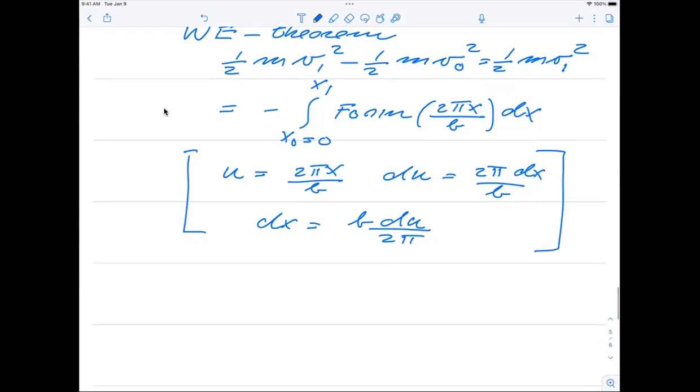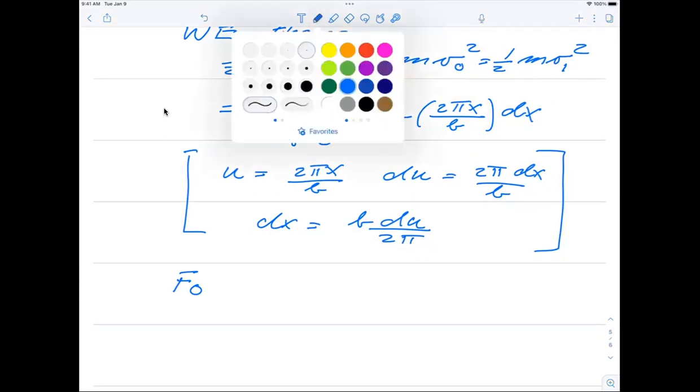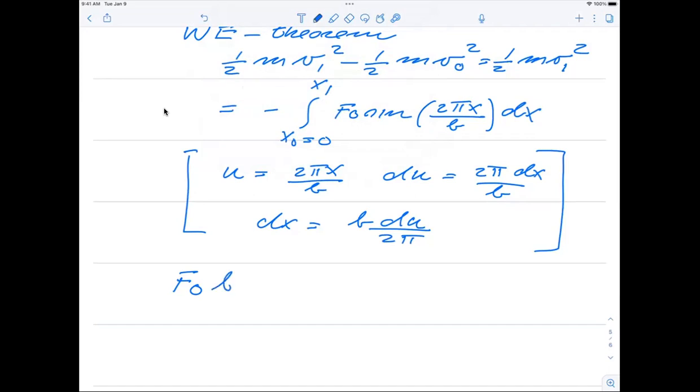When I integrate everything up, I get this f0, and these constants b divided by 2 pi, because I replaced dx with du. Then I simply have an integral over sine of u times du, and I have to include these constants, b divided by 2 pi here.